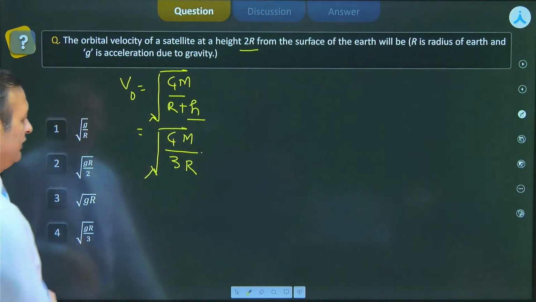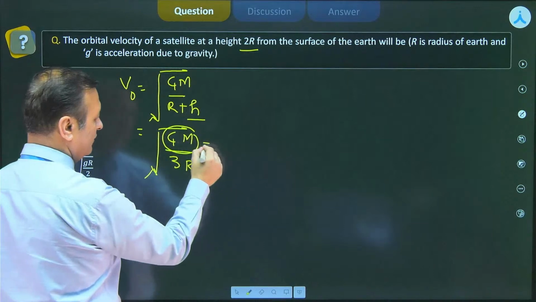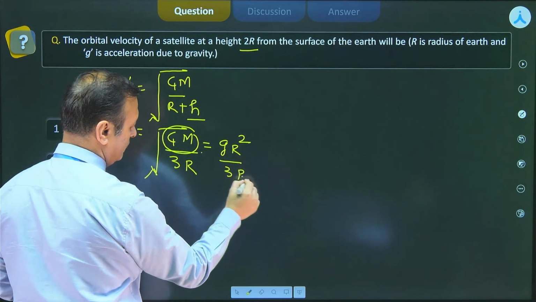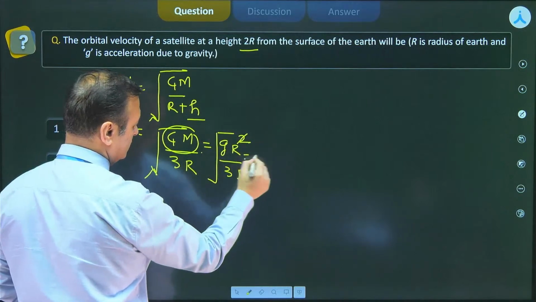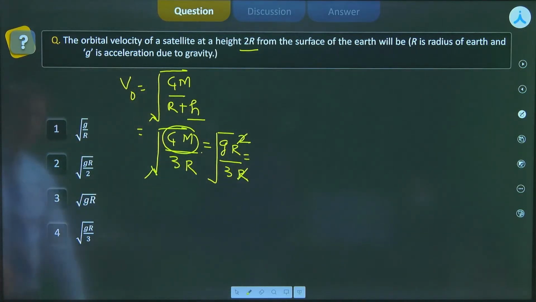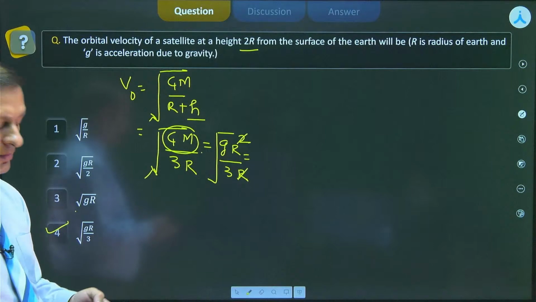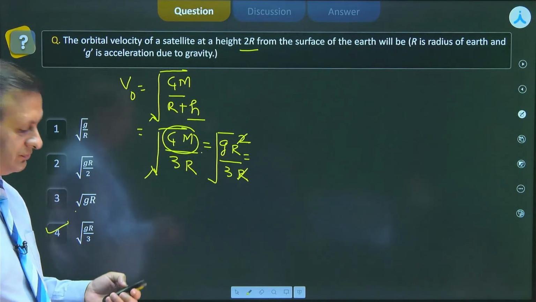But this is in terms of small g and R, this can be written as, this R goes with this, and this is root of gR by 3. So this is the fourth option we have. So shall we move?